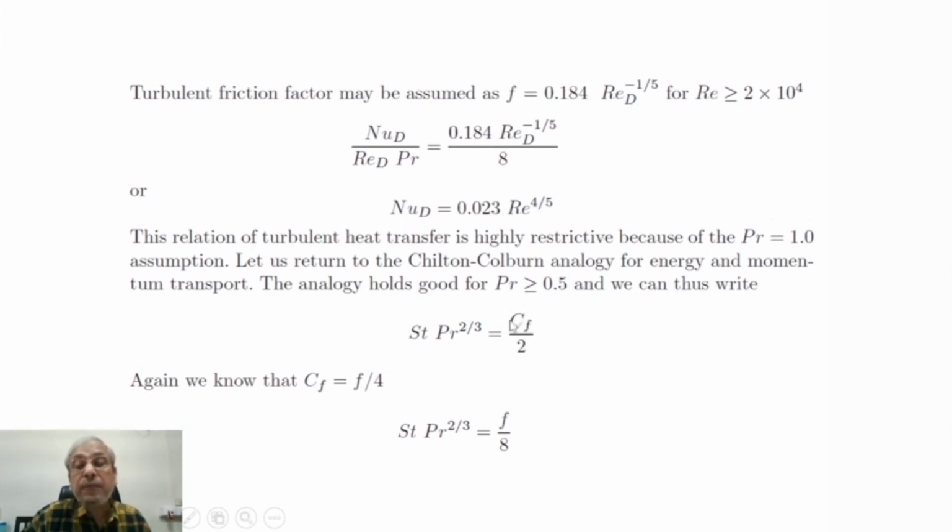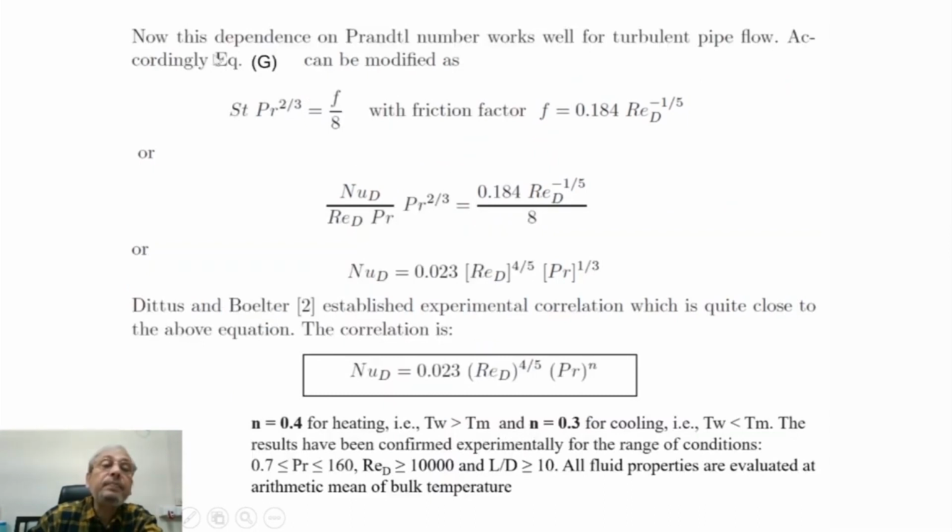And Fanning's friction factor or skin friction factor is related to Darcy's friction factor this way, Cf equal to f by 8. So Stanton number into Prandtl number to the power 2/3 is f by 8. This is the modified relationship to basically include the effect of Prandtl number.